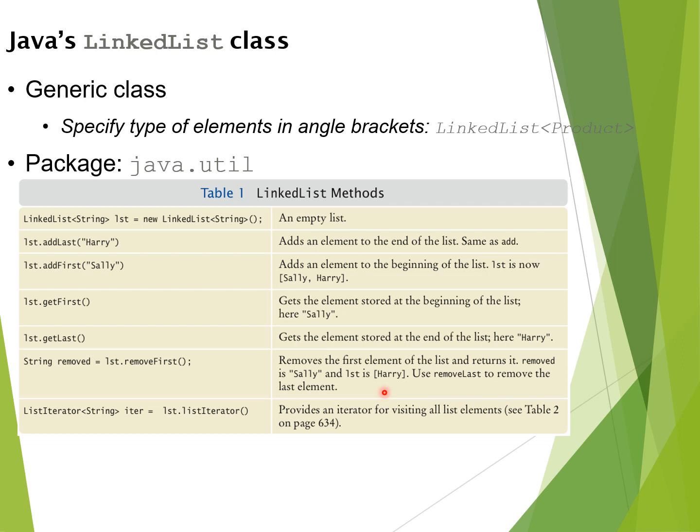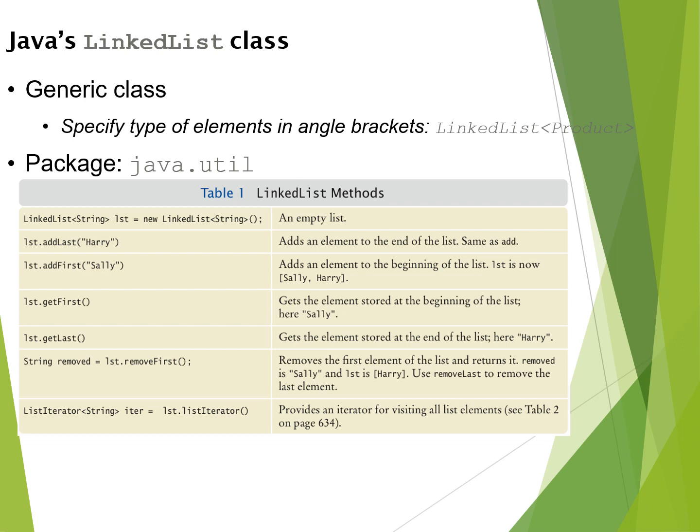If you call remove last, you have a similar effect. Instead of removing the first element, you remove the last element. So if you call remove last on this linked list containing Sally and Harry, then Harry will be removed.